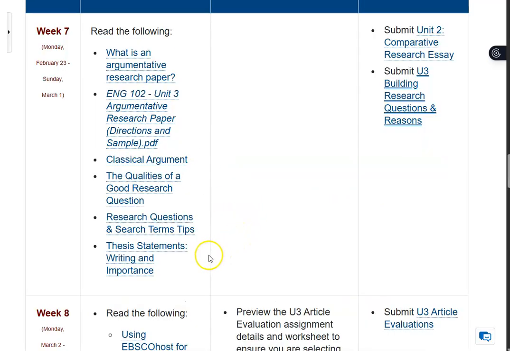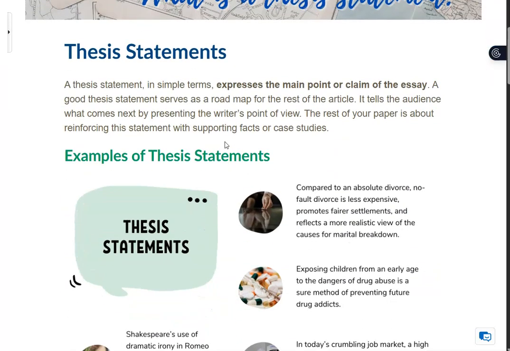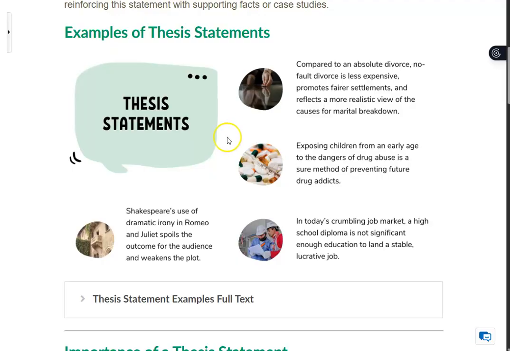Then we have our last one, thesis statements, writing, and importance. Here it is. It's a general review of everything you've ever learned about thesis statements over the course of your English language education. If I were you, I would look at these statements and kind of focus on the no-fault divorce or the job market ones because those are probably your two best.